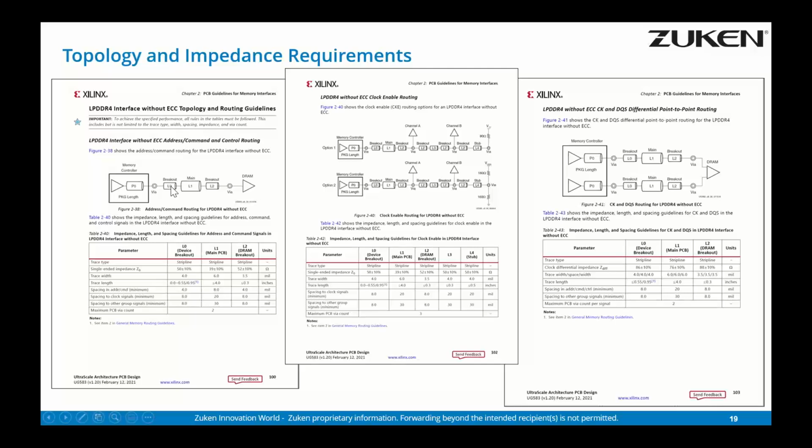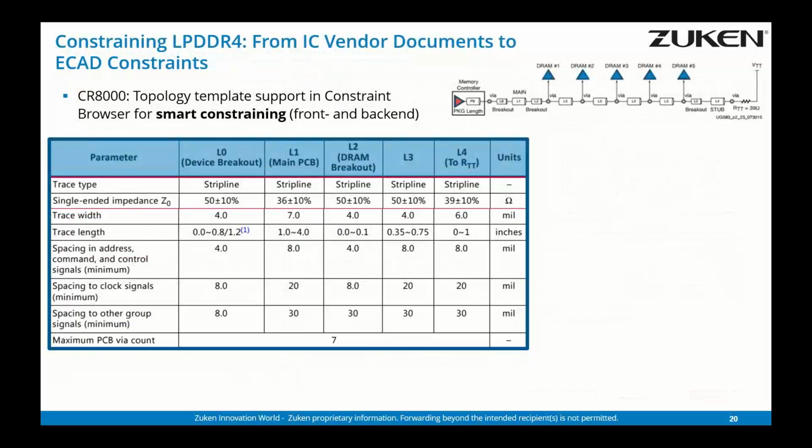So here we have a segment L0 having a requirement of 50 ohm plus minus 10%, and then L1 is narrowing down to below 40 ohms plus minus 10%, and then we have another section moving up again to 52 ohms. This is the case for single-ended structures. This is the case as well for differential structures, and this must be covered. And that's a rather recent document from Xilinx from February 2021 for one of the modern FPGAs.